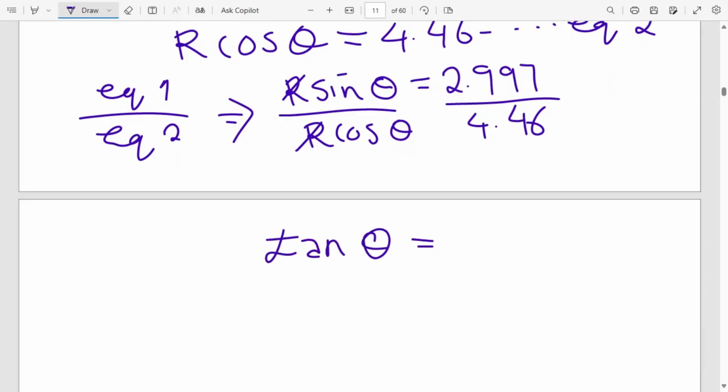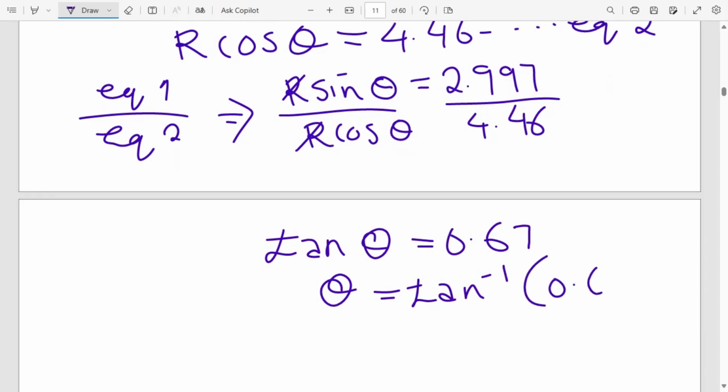This will be equal to 2.997 divided by 4.46, which is 0.67. And our theta will basically be equal to the tan inverse, or arctan, of 0.67.